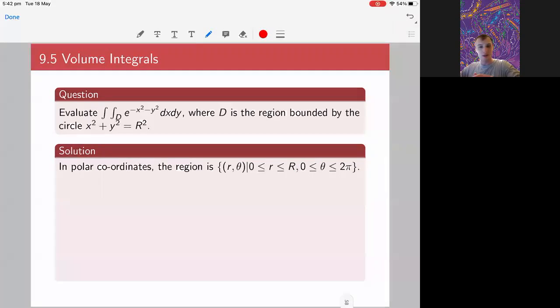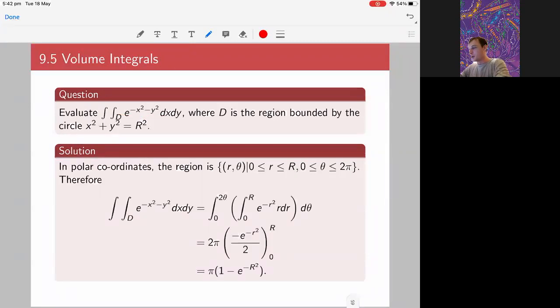Well, since we've got lots of good circular symmetry here, what we're going to do is use polar coordinates. In polar coordinates, we can do this as an iterated integral. If we do it as an iterated integral, that just means we have to integrate with respect to one variable and then with respect to the other variable.